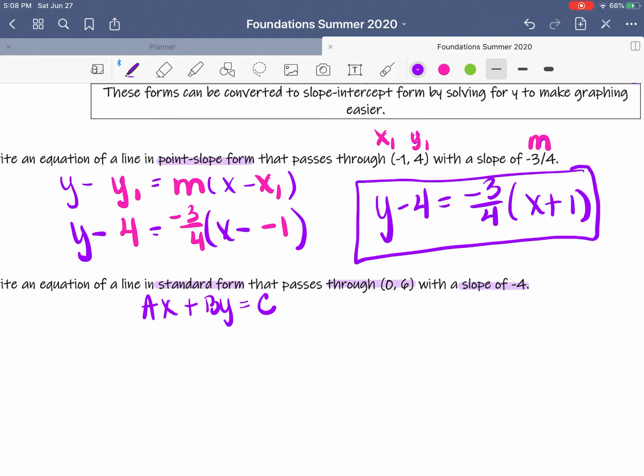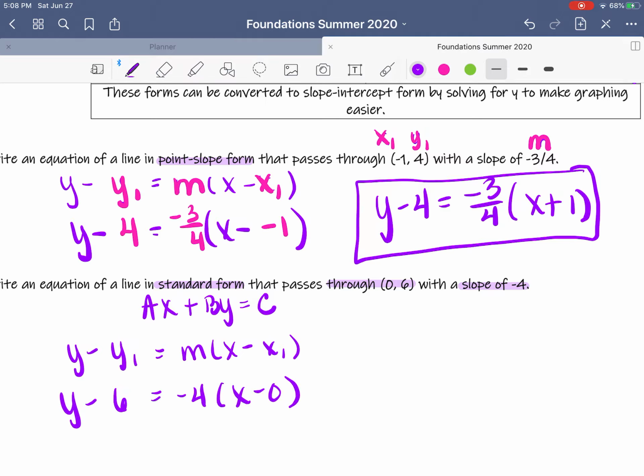So those are the things we have to pay attention to when we write standard form. I'm going to use these skills first and then put it in standard form. So I'm going to use this since I know how to do it. I'm going to plug in my information. I'm going to simplify if possible.